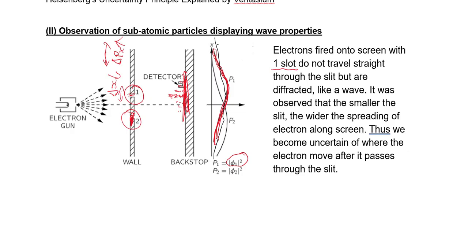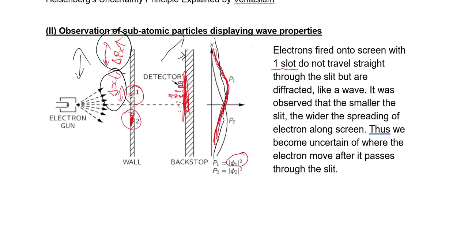Instead of only hitting this part, maybe I will start to hit this part because delta p increases, so I increase the uncertainty of the momentum in this direction, which is the same direction as x is being shrunk. That's the idea behind the Heisenberg uncertainty principle applied to single slit, similar for electrons, because as expected, they exhibit wave particle duality.